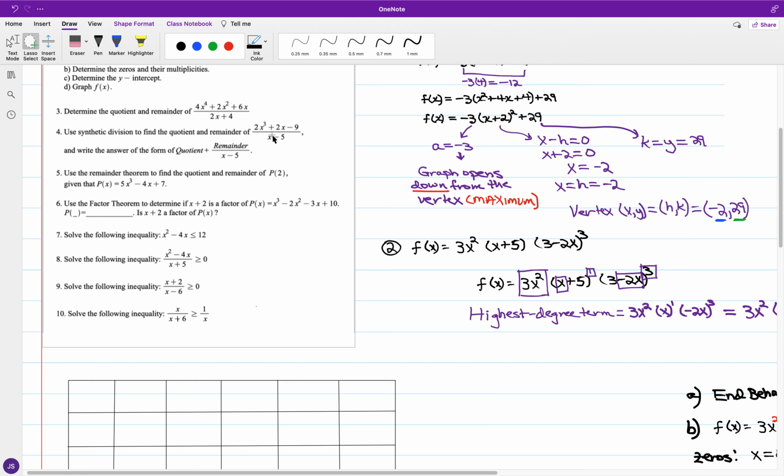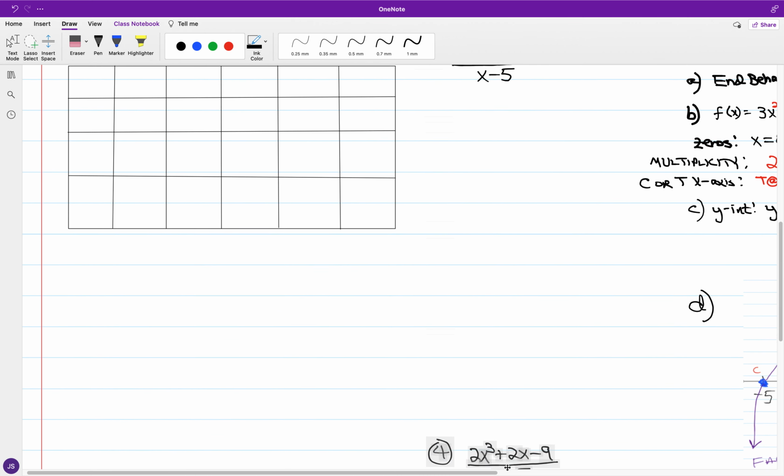Here we have 2x cubed plus 2x minus 9 divided by x minus 5, all over x minus 5, and we're utilizing synthetic division to discover the quotient and remainder, and then also we want to write the expression in terms of the quotient plus the ratio where we have the remainder over the divisor.